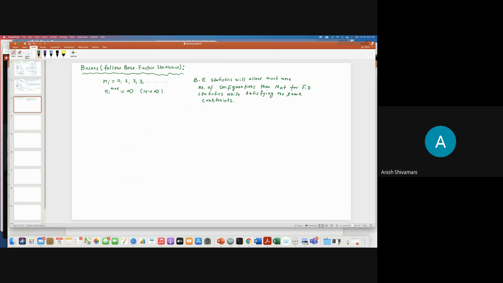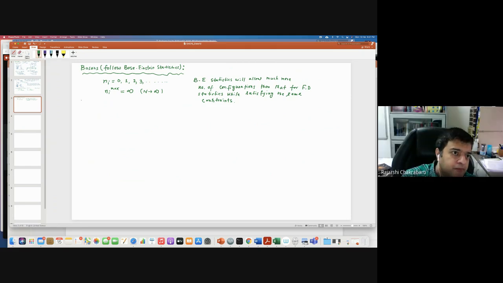Let me illustrate how to do it. For example, I give you 5 particles and there are 3 cells. One arrangement is like this, the cells I'm calling box 1, box 2, box 3.